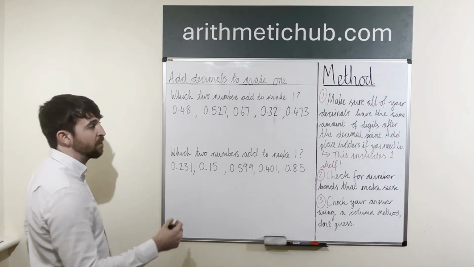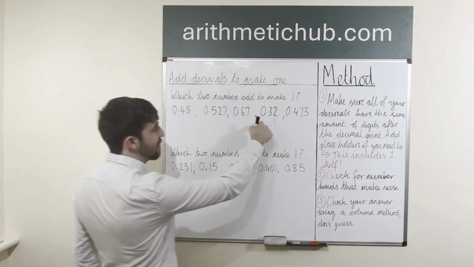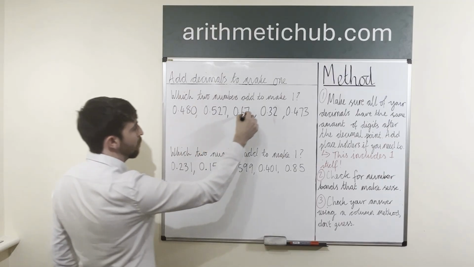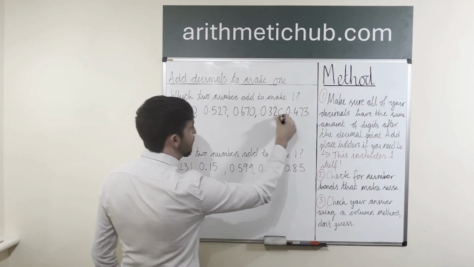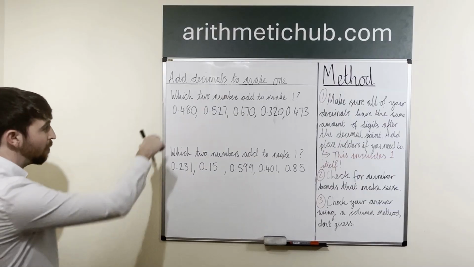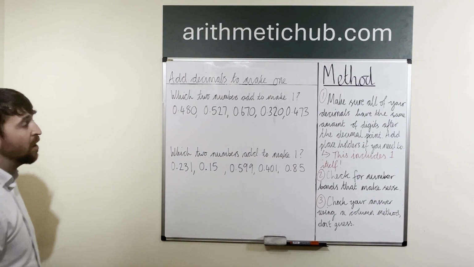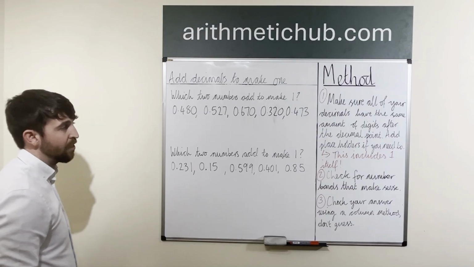Make sure all your decimals have the same amount of digits after the decimal point. So these all need to have 3 digits after the decimal point. Okay, so I'm going to put my placeholders in where I need to. 3 digits, 3 digits, 3 digits, 3 digits after the decimal point, and now all of them do. Okay, so I've got 0.480, 0.527, 0.670, 0.320, and 0.473.